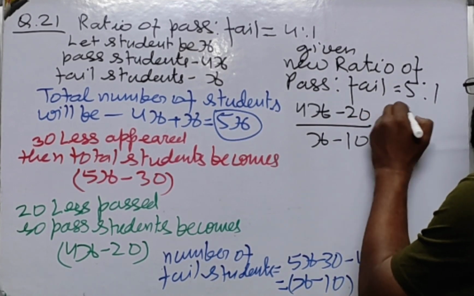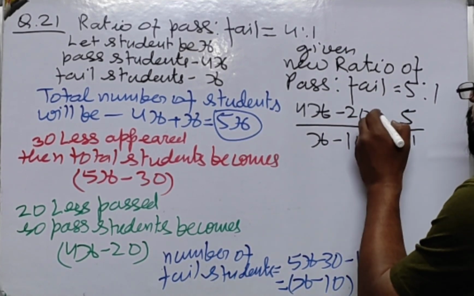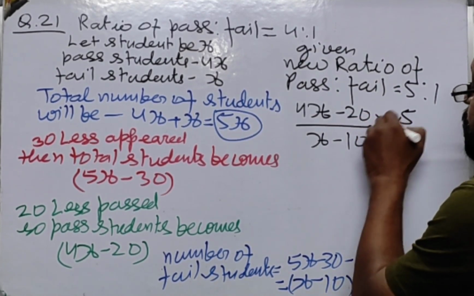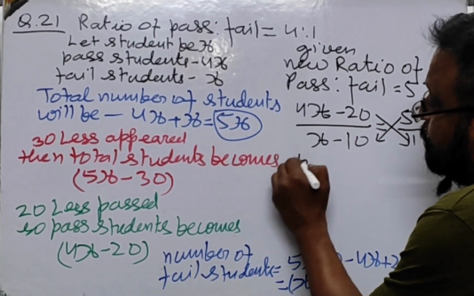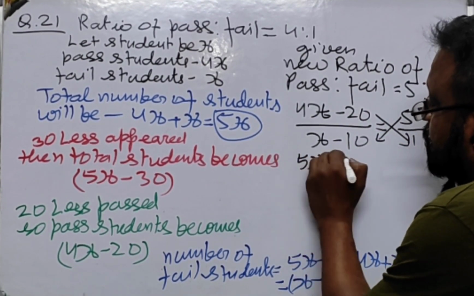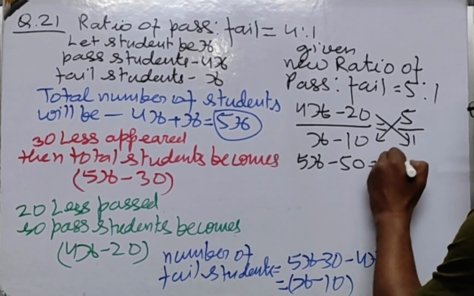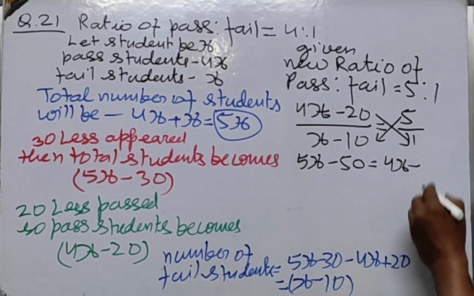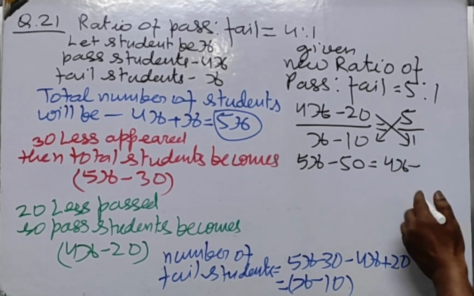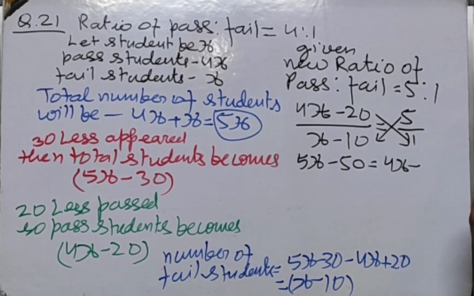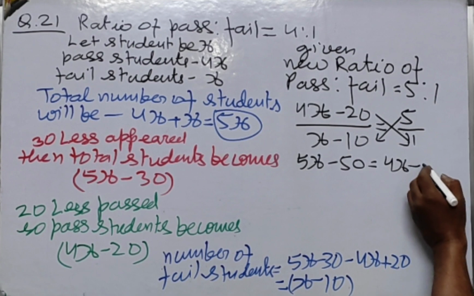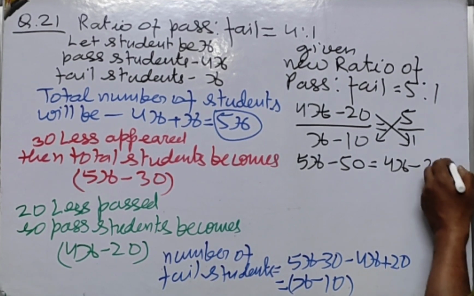And this is 5 upon 1. Cross multiplying, we get 5x minus 50 is equal to 4x minus 20.